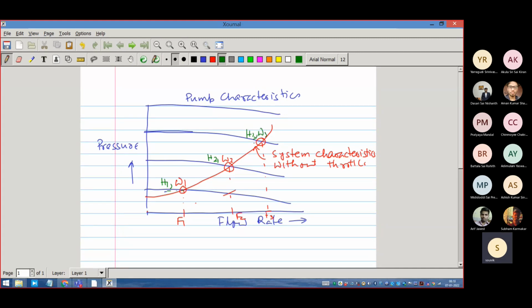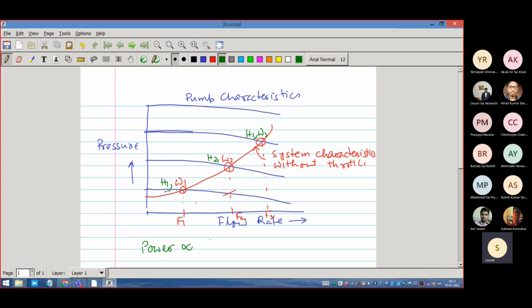Now, how much is the power saved? If somebody asks me how much is the power saved, you know the power in mechanical terms is the product of pressure and flow rate. So it is proportional to power saving. Power is proportional to pressure into flow rate.